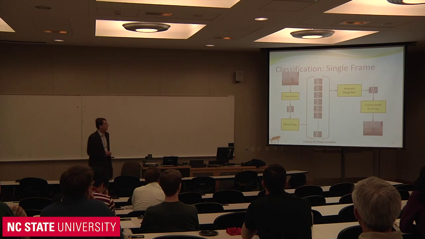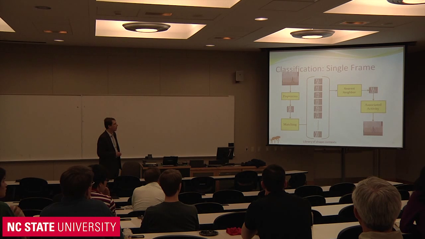So here's what we did. We extracted the shape context for a given frame. And we also collected the sequence of frames. For each one, we take the shape context and try to match it with our database.